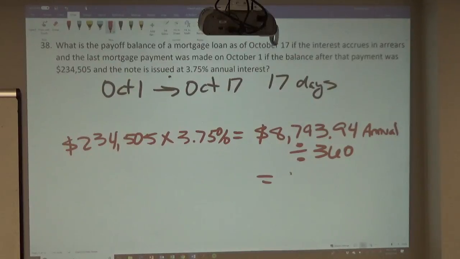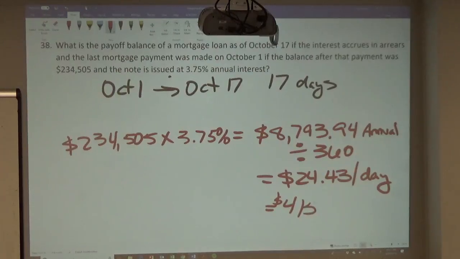And that equals $24.43 per day. Right? $24.43 per day times 17 days is $415.31 in accrued interest.